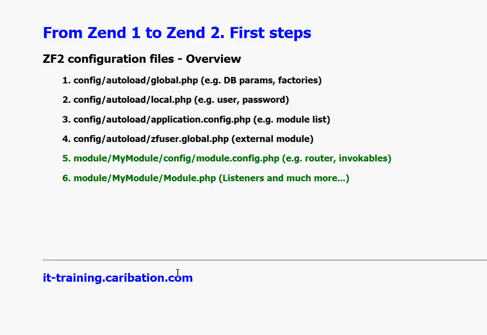So as you can see, the list of 6 configuration files, which I have chosen to show you as a typical example for the beginning, has two groups. The first 4, shown in black, are on the root level. That means these configuration files are valid across the whole application, while the last 2, the ones shown in green, are on the module level.